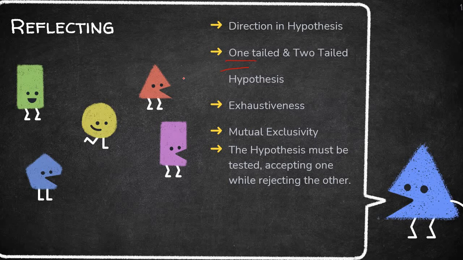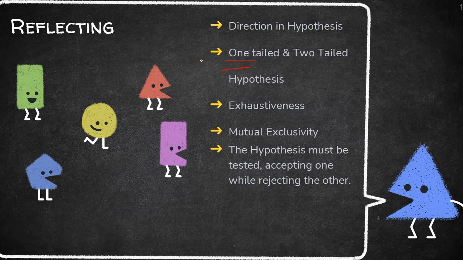If you mention something like increase or decrease in your alternative hypothesis with respect to the null hypothesis, it is a one tail test. Whereas if you simply write that there would be no significant difference or no significant change versus there would be significant change.